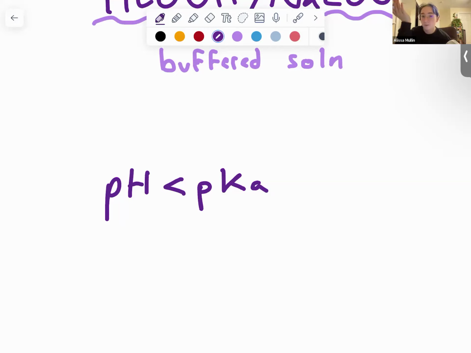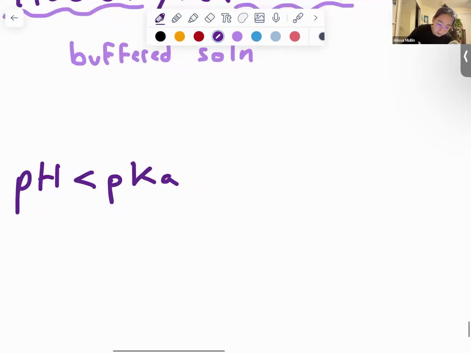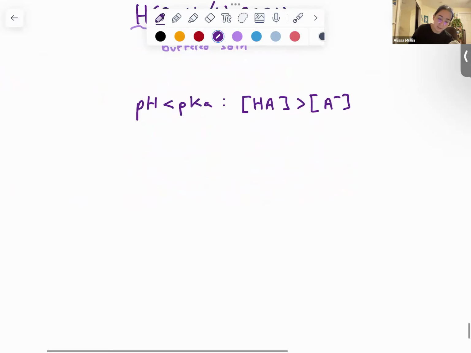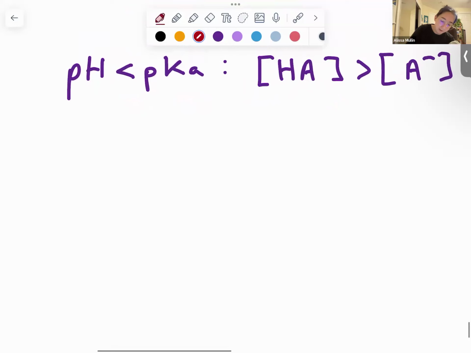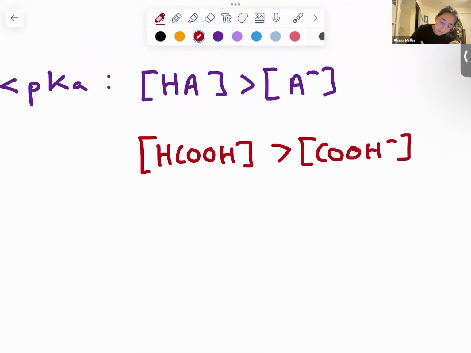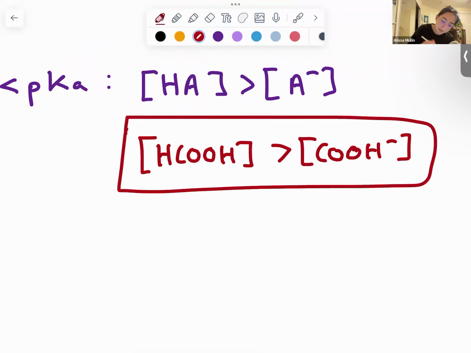Or you can memorize this, whatever. But pH is less than pKa, so I expect the concentration of my acid to be greater than the concentration of my base. So because of the pH at this moment, I know that the concentration of formic acid is greater than the concentration of that species, the base.